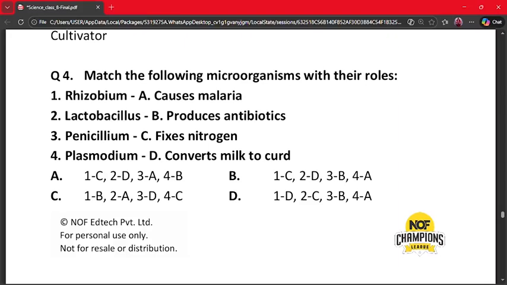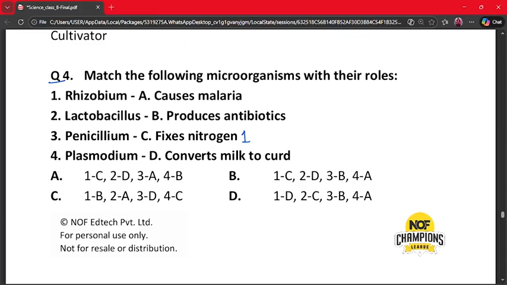Our next question is question number 4. Match the following microorganisms with their roles. Rhizobium, Lactobacillus, Penicillium and Plasmodium. Causes malaria, produce antibiotics, fixes nitrogen and converts milk to curd. So Rhizobium fixes nitrogen, so this is the first one.